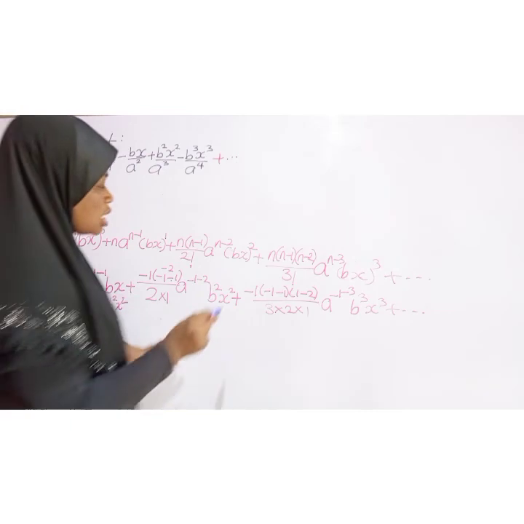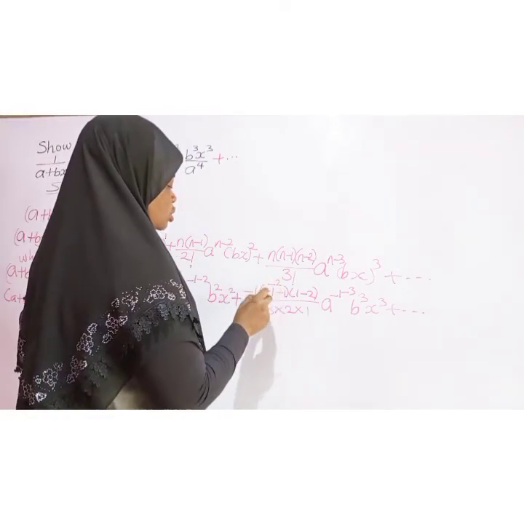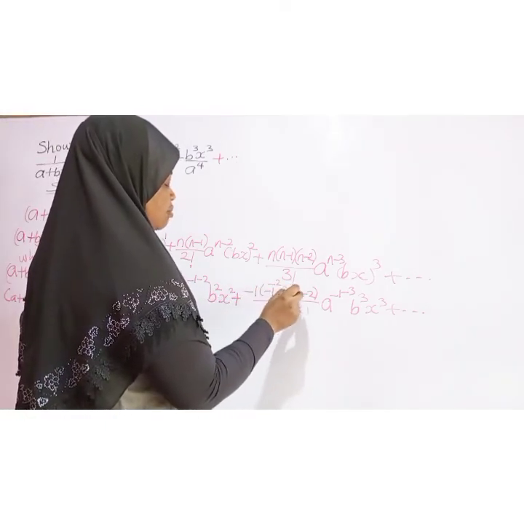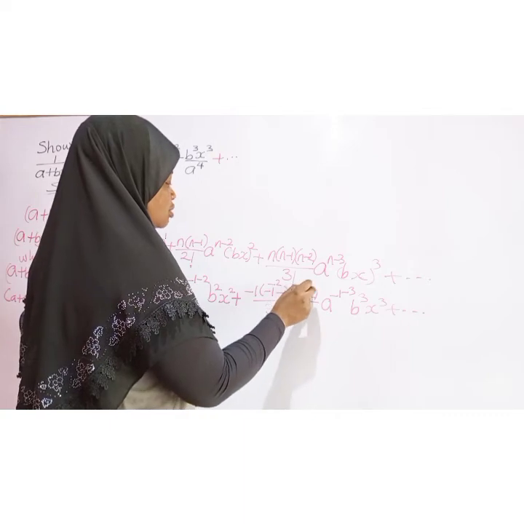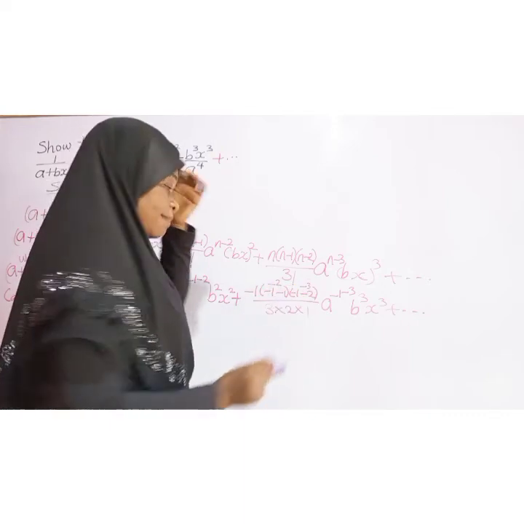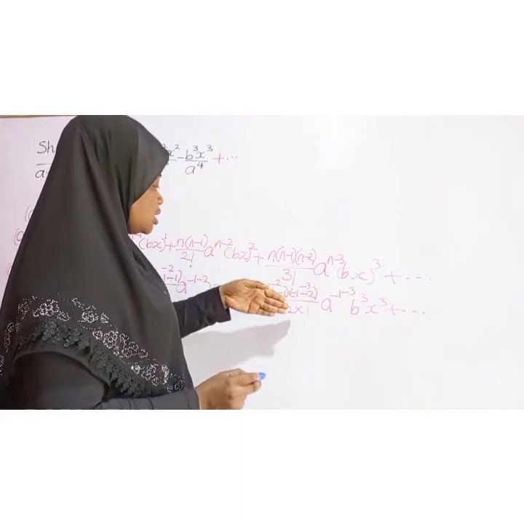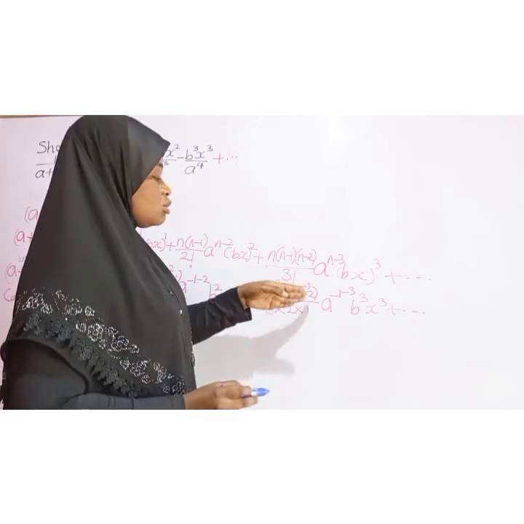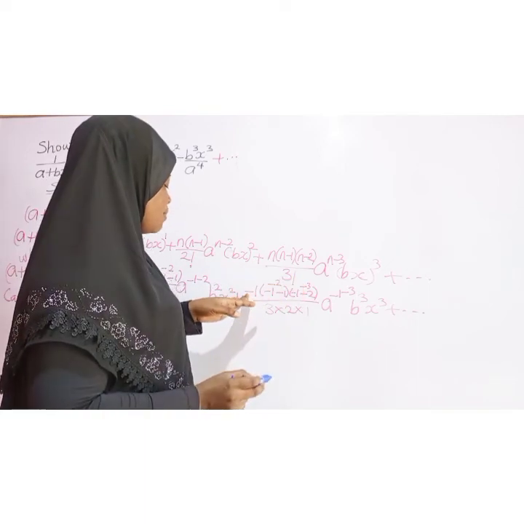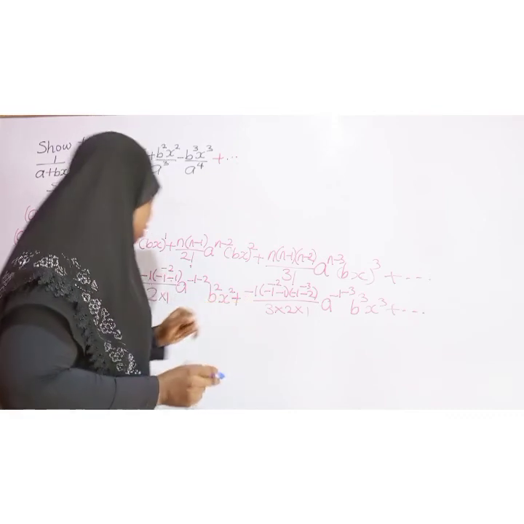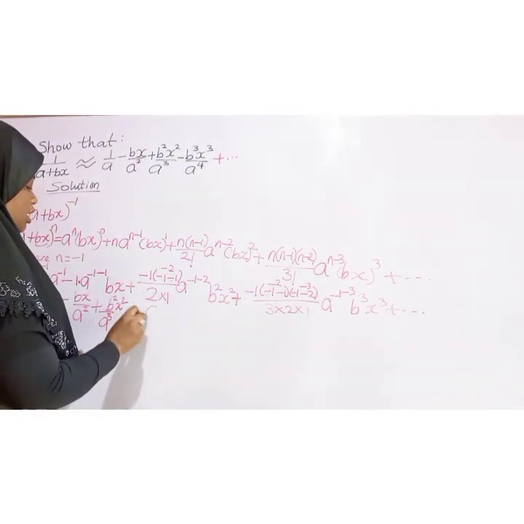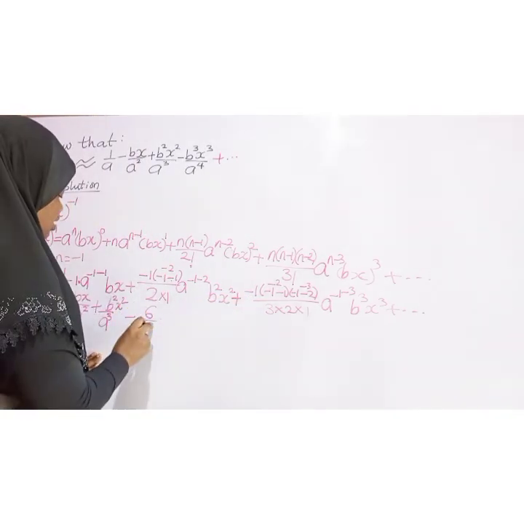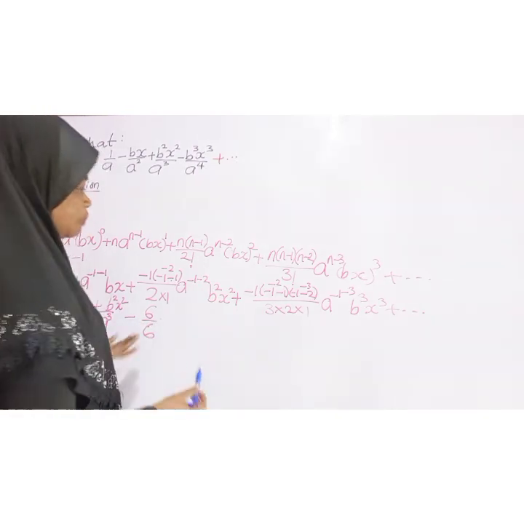So then this is a minus 2, minus 1 minus 1 minus 2. This is minus 1 minus 2, that is minus 3. So minus 2 multiplied by minus 3 will give us 6. So 6 multiplied by minus 1 will give us minus 6. So we have minus 6 divided by the 6 in the denominator.